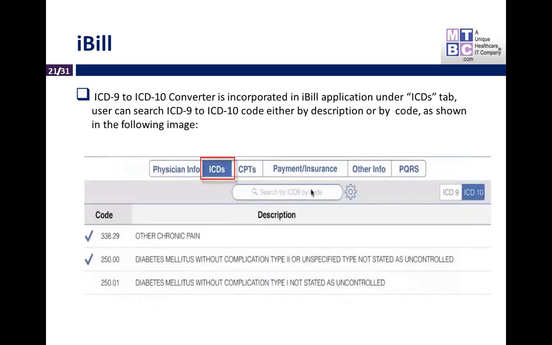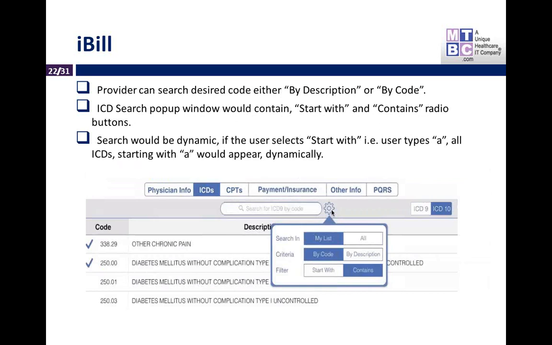Like the E-claims module, iBill also has a user-friendly interface and can easily be used to find the corresponding ICD-10 codes. The provider can search the desired code either by description or by code. A search pop-up window will contain Start With and Contains radio buttons. Search would be dynamic if the user selects Start With.